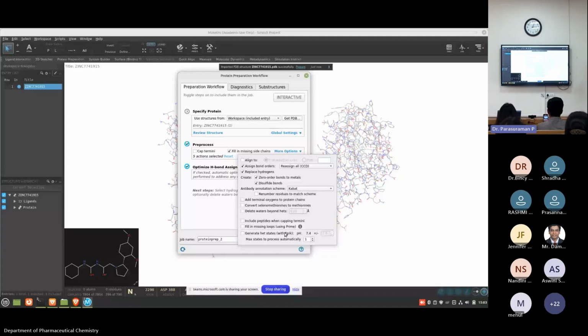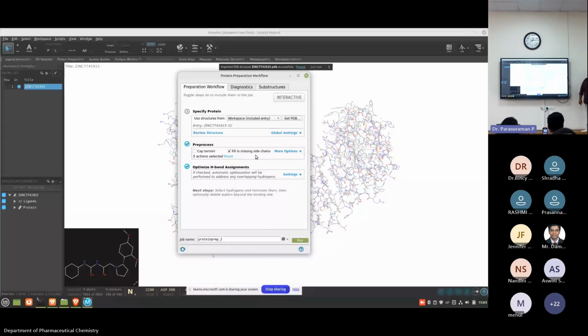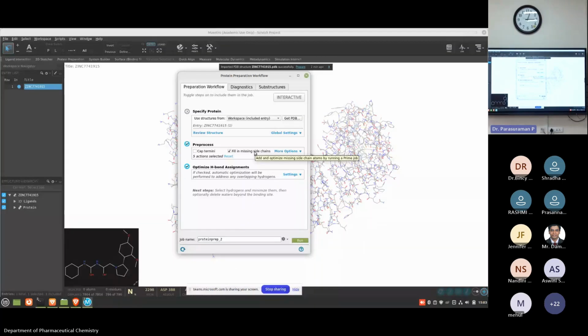We are just minimizing the molecule and adding any missing hydrogens or chains in the preparation, and then doing the minimization. No need to create different states with pH. If you click Run, the preparation will go on.